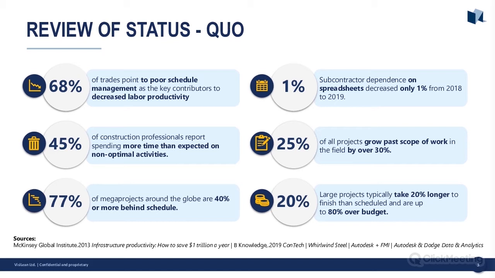This next one I found really interesting, and it's a hot topic with me at the moment. Subcontractor dependence on spreadsheets decreased only 1% from 2018 to 2019. This is important to me because if I go back to that 45% of non-optimal activities, updating a spreadsheet is a very manual, monotonous task.